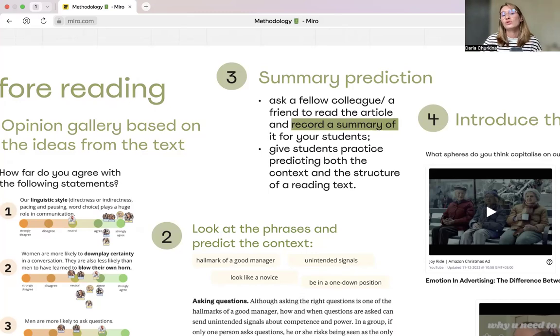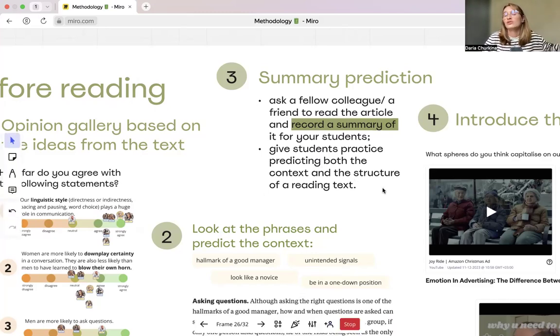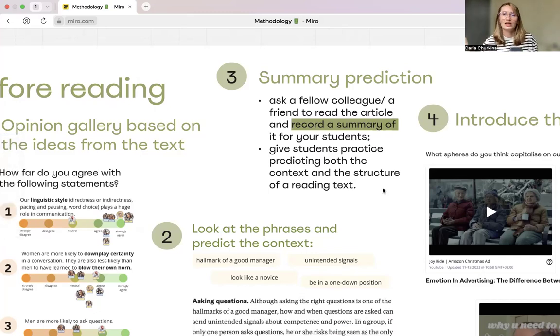And then give your students practice predicting both the context and the structure maybe of a reading text. So you let your students listen to the pre-recorded summary or opinion about the text, and share their own opinions or share their own guesses what the text is going to be about.